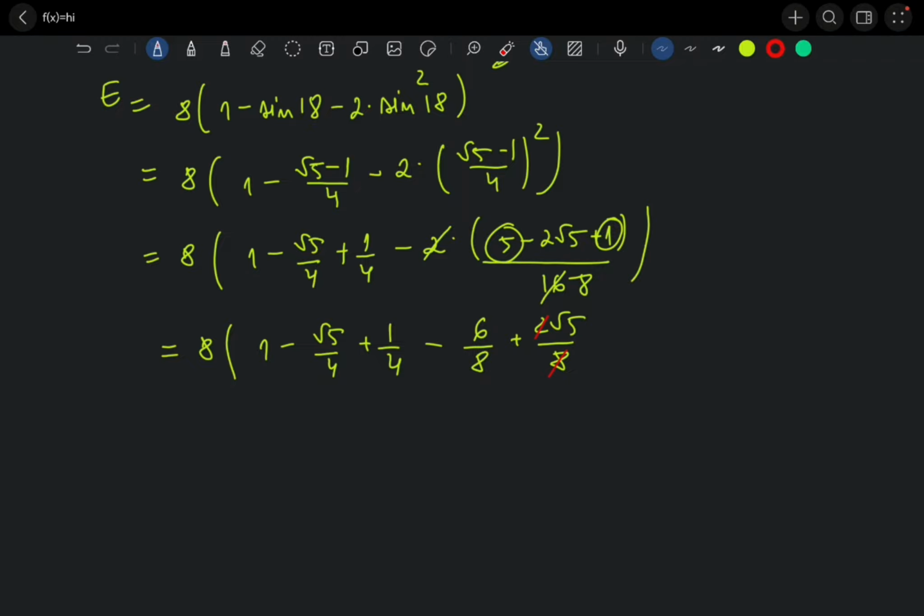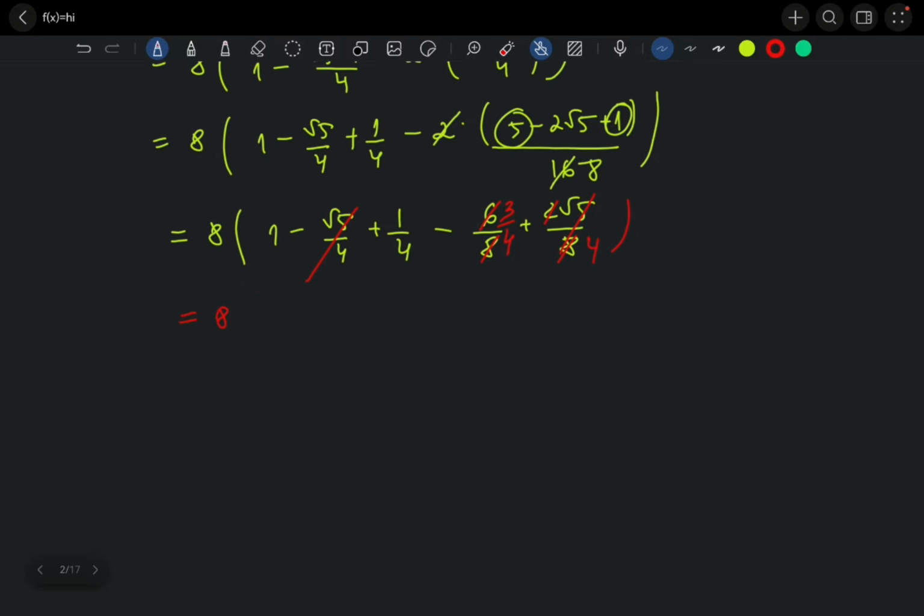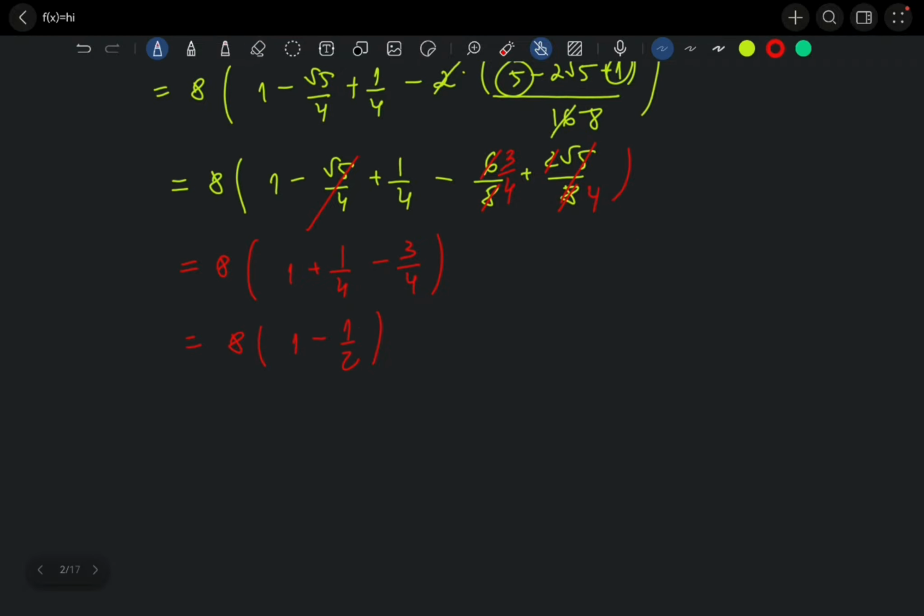A 2 and a 8 cancel to a 4, so we'll get plus square root of 5 over 4, which cancels with the negative square root of 5 over 4. 6 and an 8 cancels to 3 over 4. And our final answer will be 8 all over 1 plus 1 over 4 minus 3 over 4, which will be equal to 8 all over 1 minus 2 over 4, which simplifies to 1/2. 1 minus a half is equal to a half, so 8 times 1/2, which will be equal to 4. And that's our final answer.